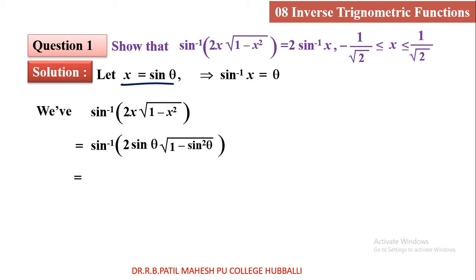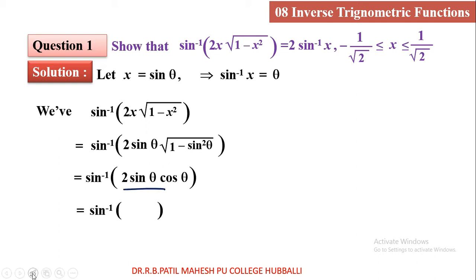So sin inverse of 2 sin theta into root of 1 minus sin square theta. Dear students, as you know, root of 1 minus sin square theta is cos theta by the trigonometric identity. So replace root of 1 minus sin square theta as cos theta. So that sin inverse of 2 sin theta into cos theta is sin 2 theta, a famous formula, 2 sin theta cos theta as sin 2 theta.